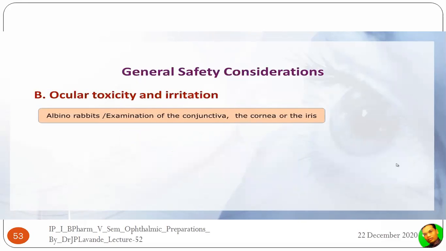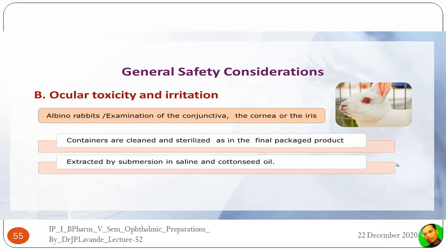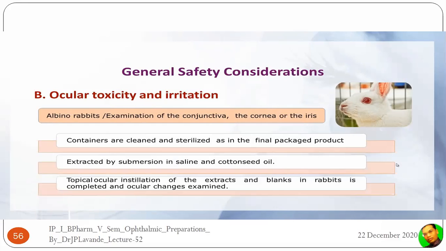Ocular toxicity and irritation, again, is one of the considerations while designing and developing the ophthalmic dosage form. Albino rabbits are used for the examination of the conjunctiva, the cornea, or the iris. The containers are cleaned and sterilized as in the final packaged product and extracted by submersion in saline and cottonseed oil.